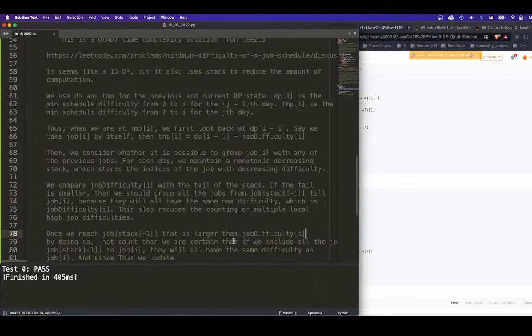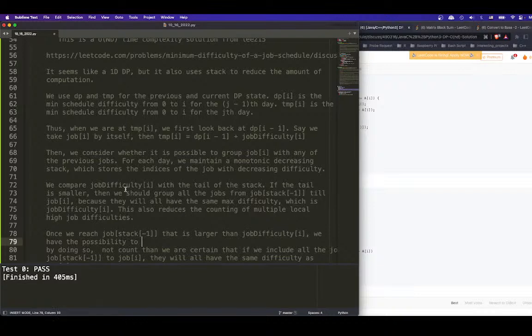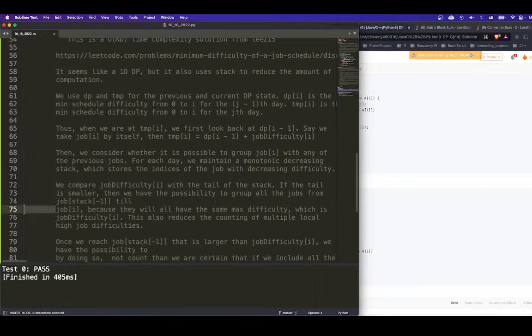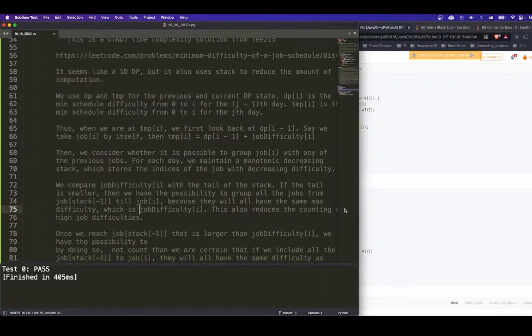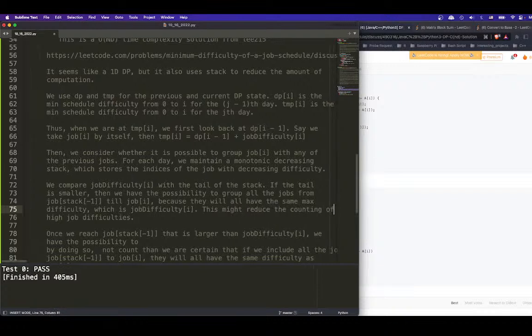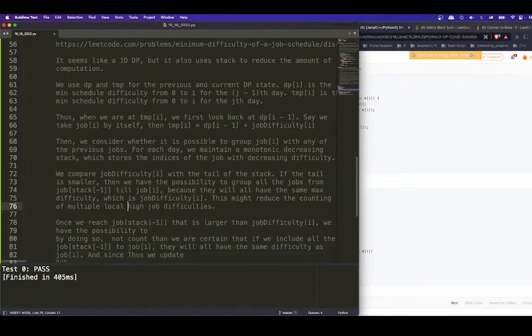Once we reach one that is larger than job difficulty I, we have the possibility to group, this might reduce counting of high difficulties.